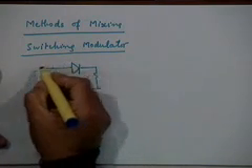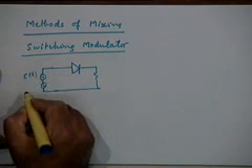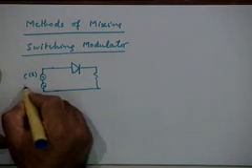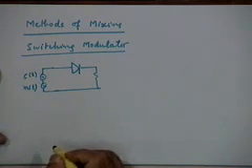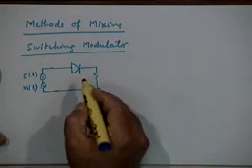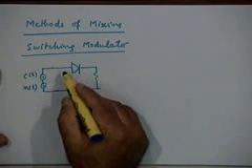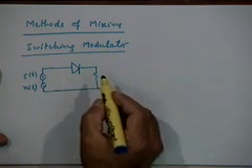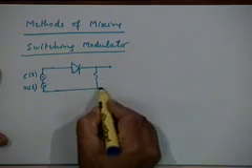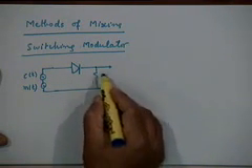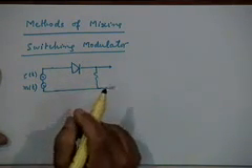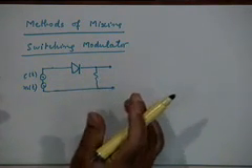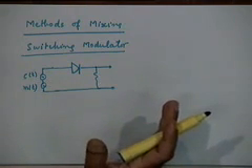So one of them, let us say, is the carrier c(t), and the other is the message m(t). Since the diode is considered to be ideal, if you look at the behavior of the output voltage as a function of the diode conducting or not conducting, basically the diode will go through two phases of operation.